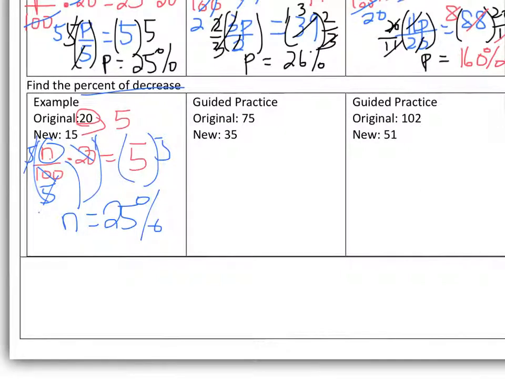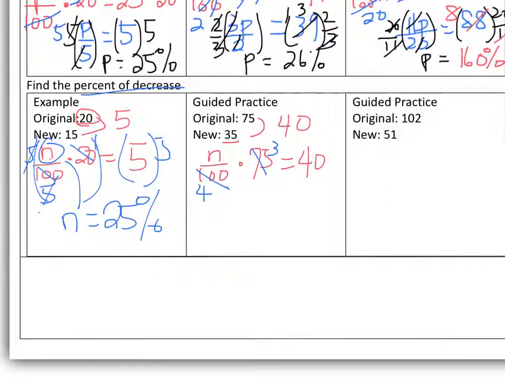And for the next problem, n over 100 times original 75, and the new amount is 35, so the amount decreased is 75 subtract 35 is 40. Okay, we set that equal to 40, and we can simplify. 75 and 100 is 3/4.